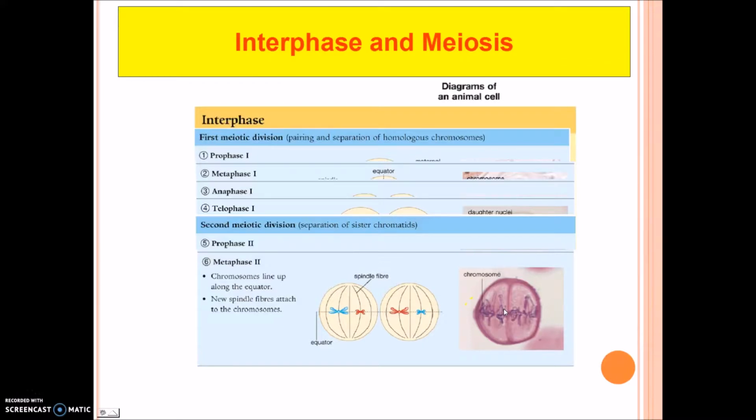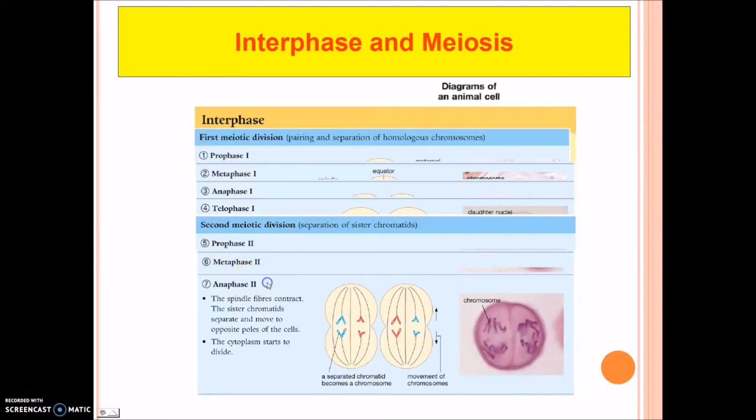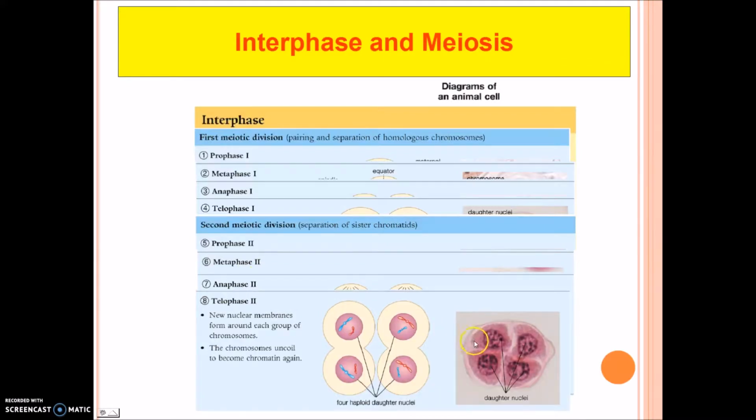The point is that you need to recall the behavior of the chromosomes to determine which specific stage is shown in the diagram. Is it metaphase 2, or maybe anaphase 2, something like that. So remember, the pictures tell you a lot of very important information.